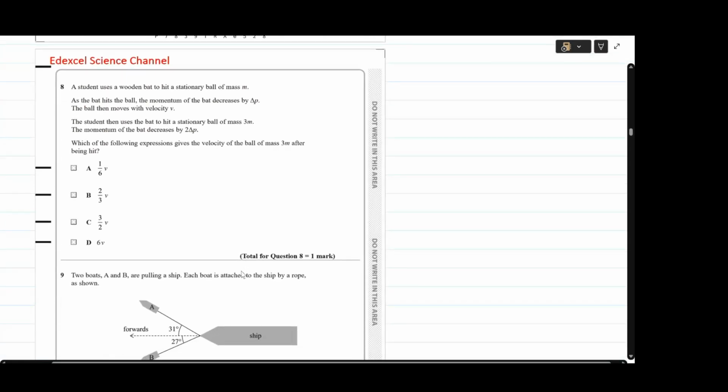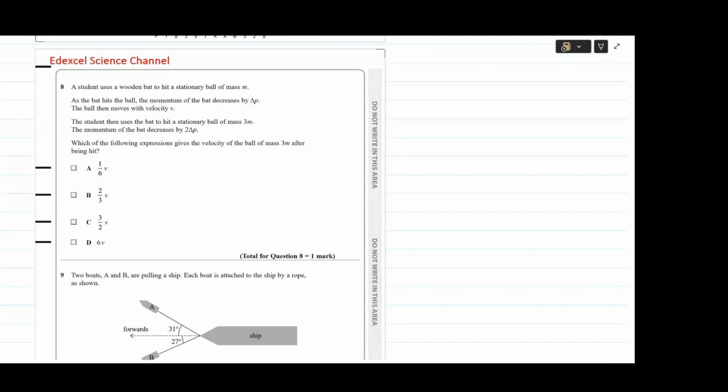Number 8, a student uses a wooden bat to hit a stationary ball of mass m. As the bat hits the ball, the momentum of the bat decreases by delta p. The ball then moves with a velocity of v.